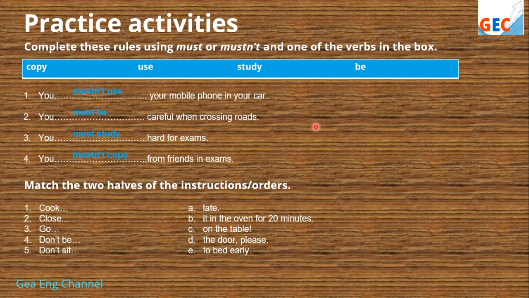Now match the two halves of the instructions or orders, and we will be coming back. Now let's discuss together. Number one, cook. Eat in the oven for 20 minutes. Close the door, please.